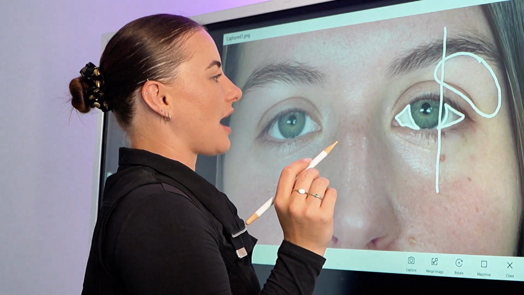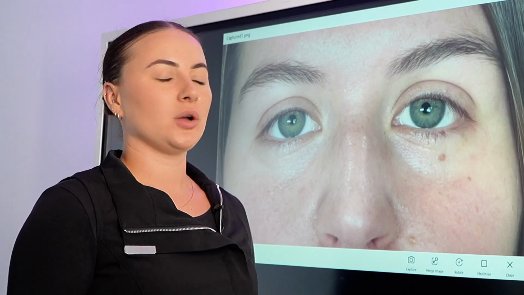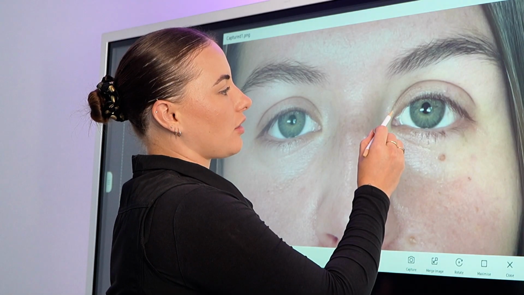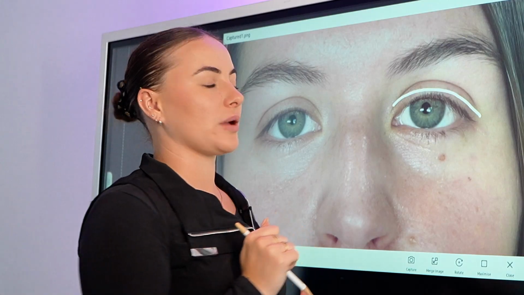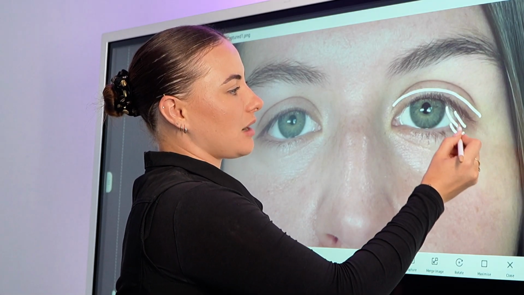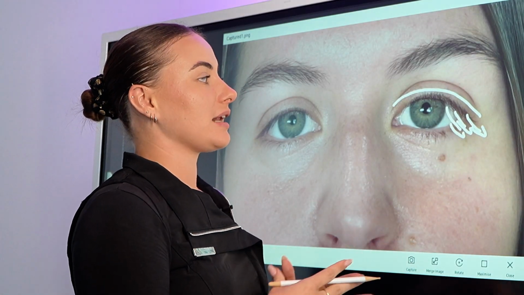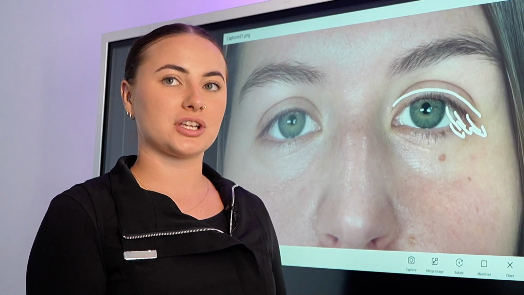Another indication that we do have more of that downward slope in that outer corner of the eye. We can also tell by the direction of the lashes and where they're growing along that lash line. The outer corner lashes are much more downward in this area here. So again, it's just indicating that we do have more of that downturned eye shape.